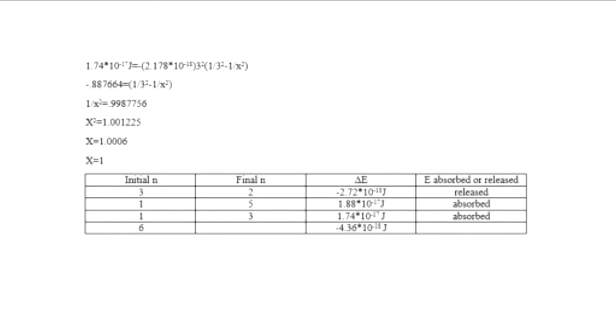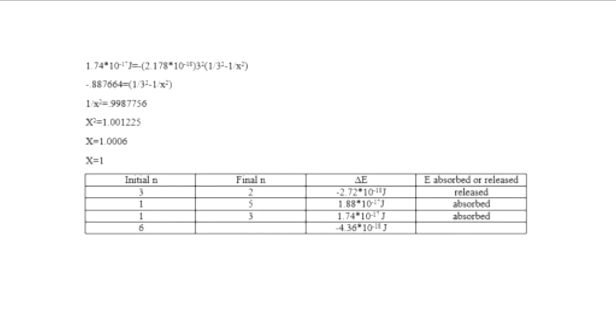In order to get x squared by itself, we must multiply 0.9987756 times x squared and then divide 1 over 0.998776, giving us x squared equals 1.001225.